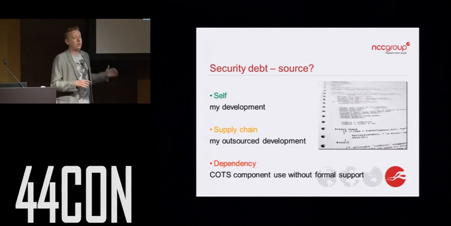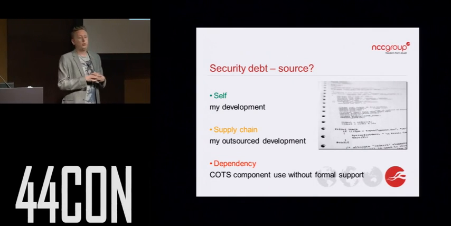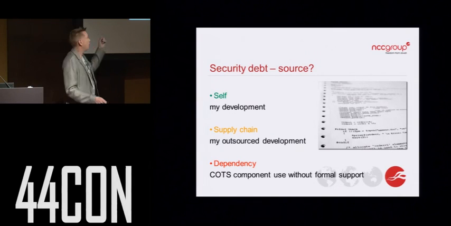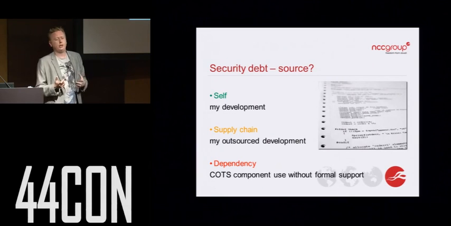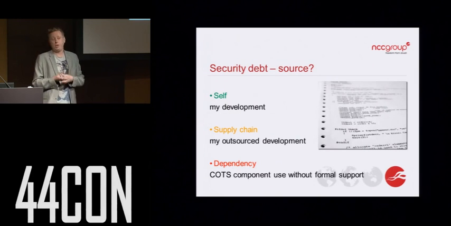The supply chain is where I buy an off-the-shelf third-party component which I may not have source code access to, which is coming to me in binary form, that I have no visibility of over the code quality. The great example here is Adobe Reader. Adobe Reader 10 actually has software from 9 different suppliers involved in its production.